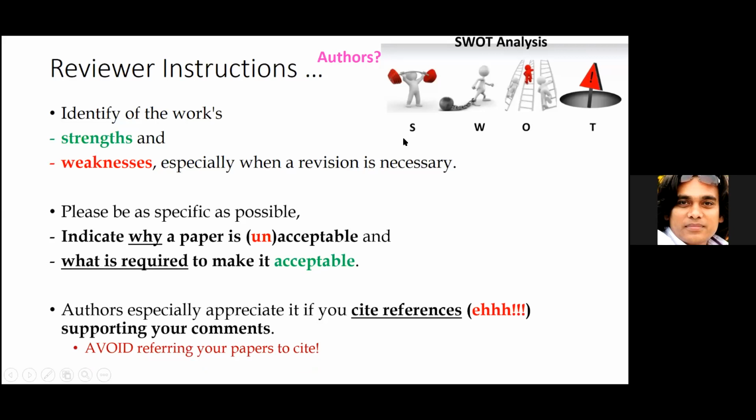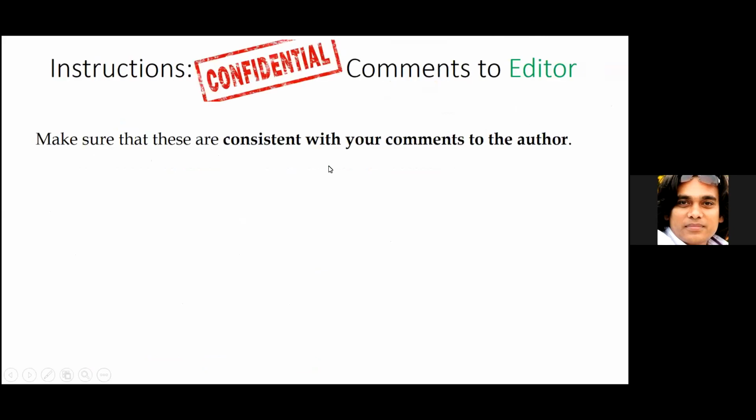Recently one of my students reviewed a paper. He added 14 plus references in his review comment and explained why this is important. Such a good review, but I understand that in the future he cannot commit that much time.